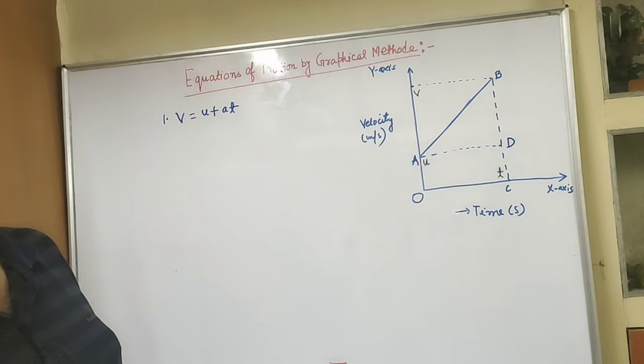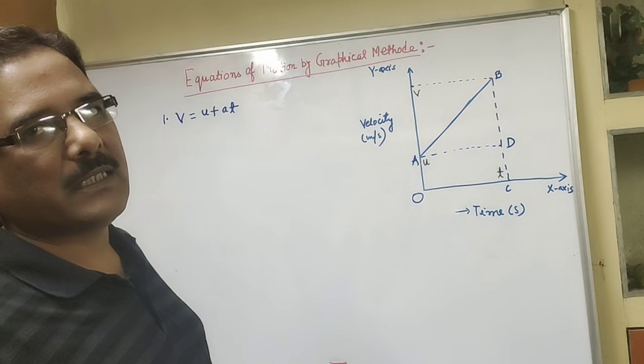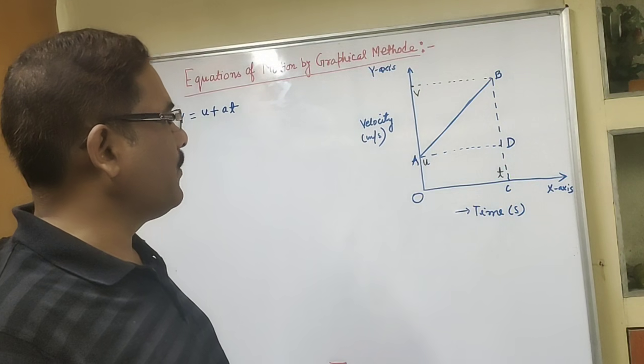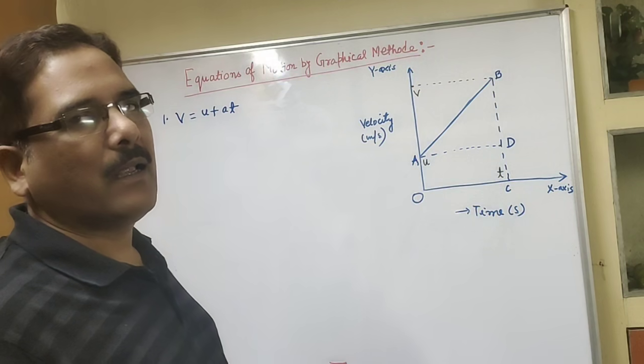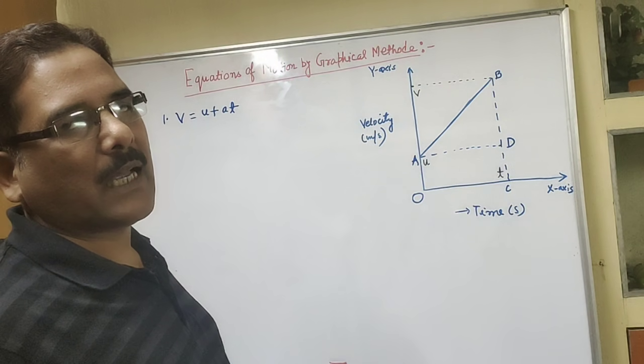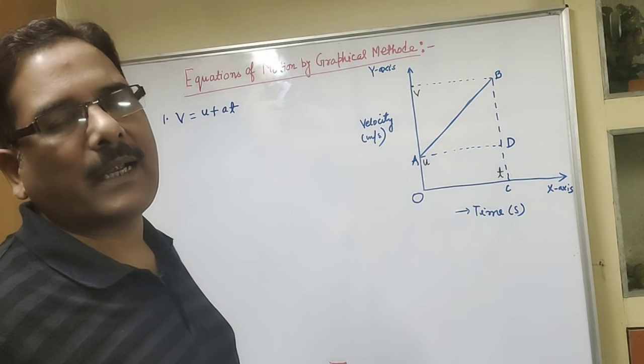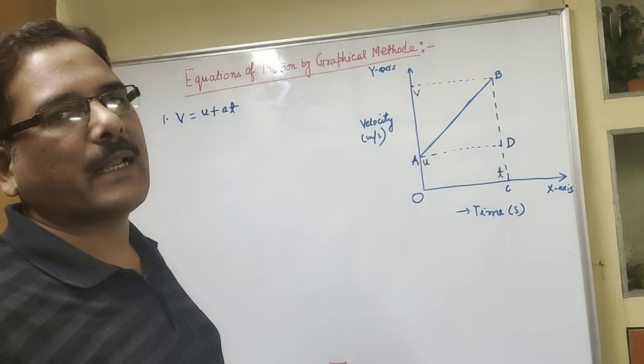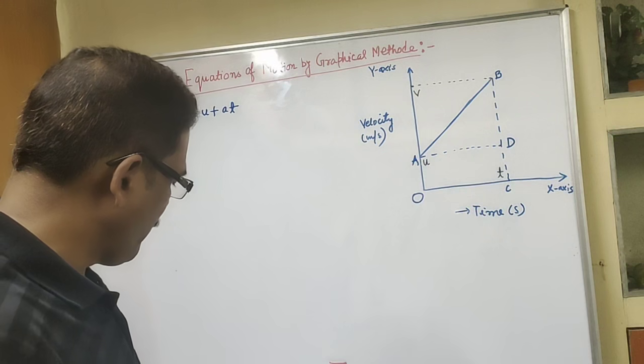Let the velocity change at a uniform rate a. It means we are assuming that acceleration is uniform and that acceleration is a.